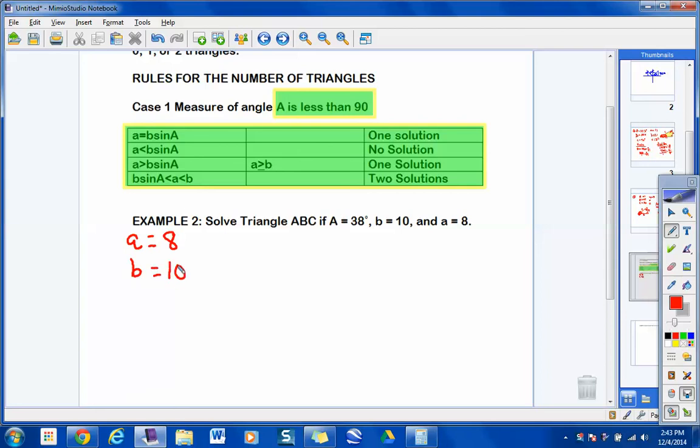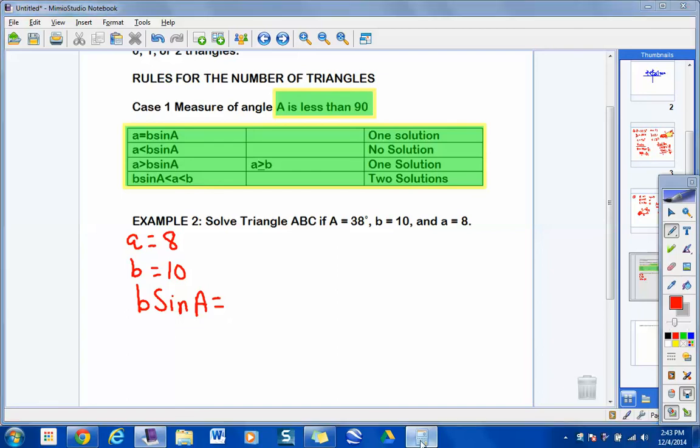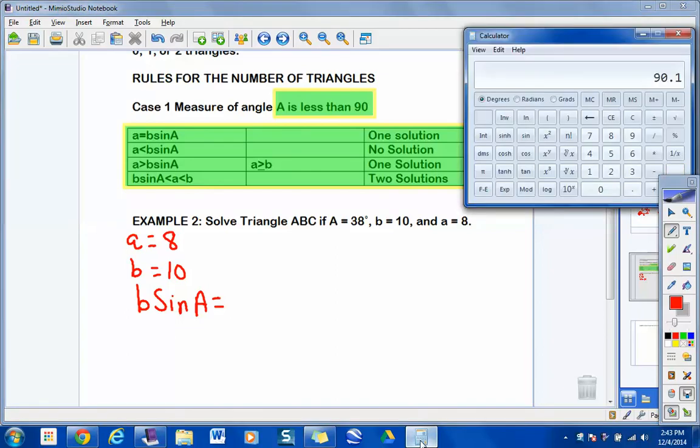Now, an important part: every time in these problems we compare A to B times the sine of A. So somebody do this for me. Write down what B sine of A is equal to. 6.1. What we would do is the sine of 38 degrees times the B value, which is 10. What did you say it was, Jackie? 6.1. I'm going to confirm that real quickly.